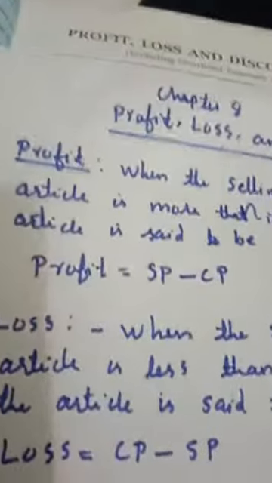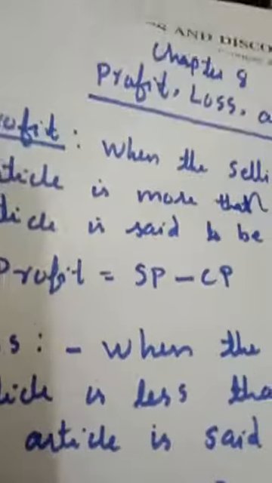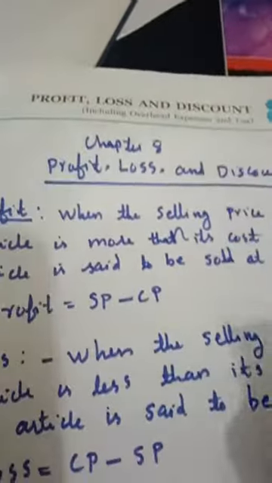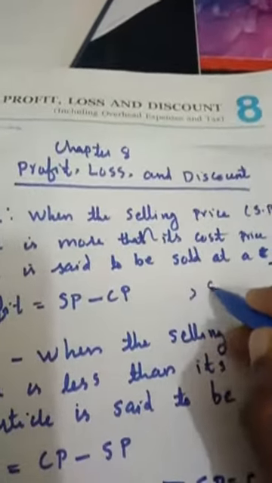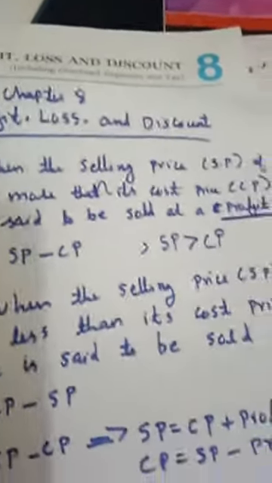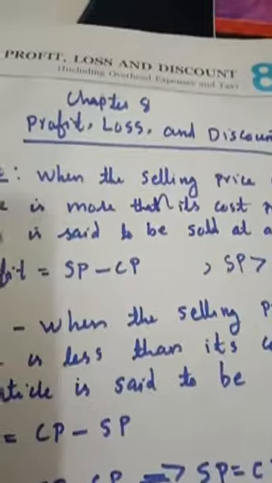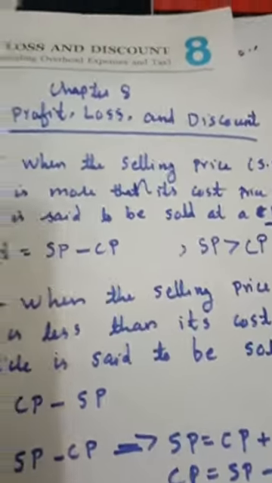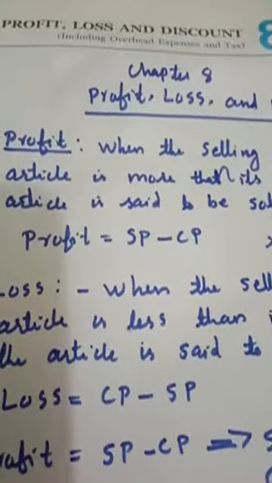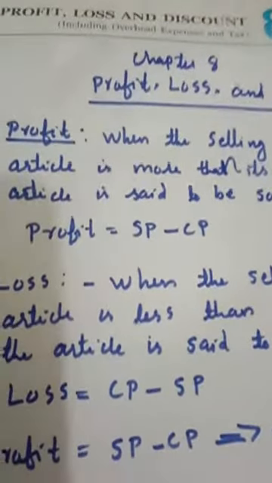Then how to find profit? Profit means SP is greater than CP. Just subtract CP from SP.